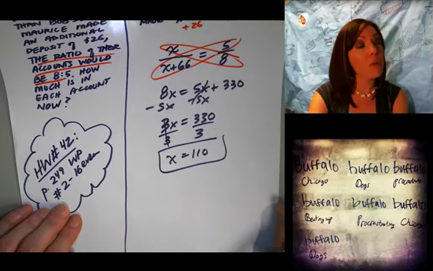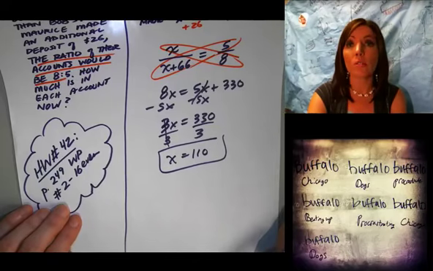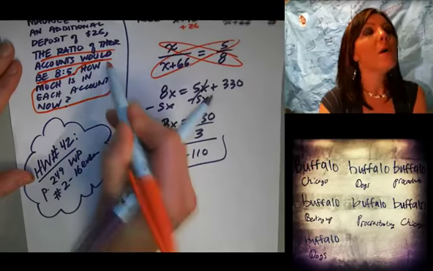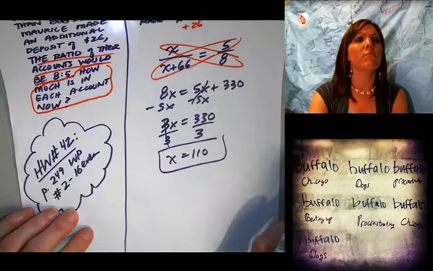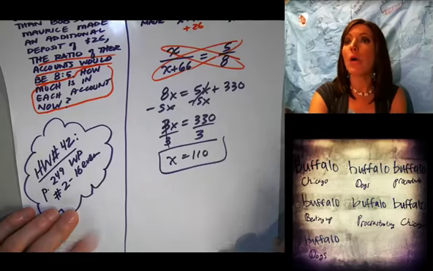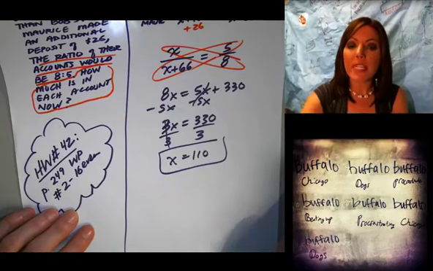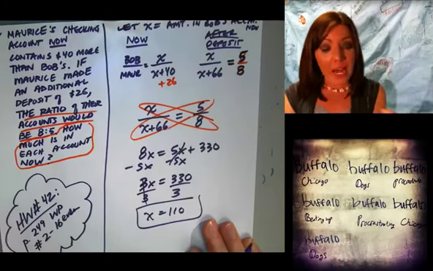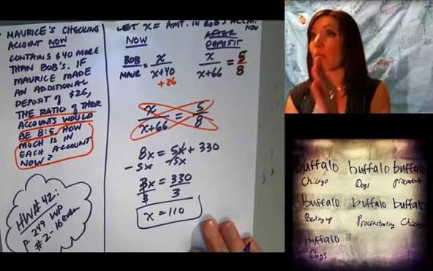Okay, so, did we figure out what we were supposed to figure out? No. What were we supposed to figure out? How much is in each account? Okay. What do I do next? So, I found what X is. X represents the amount in Bob's account now. We're supposed to find how much is in both Bob's and Maurice's account now.